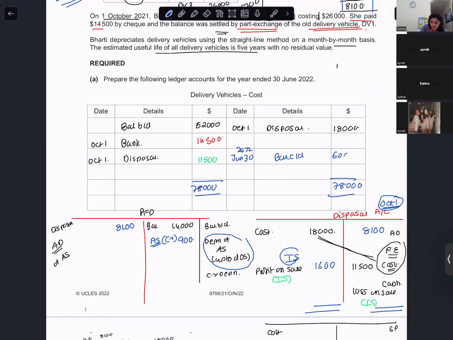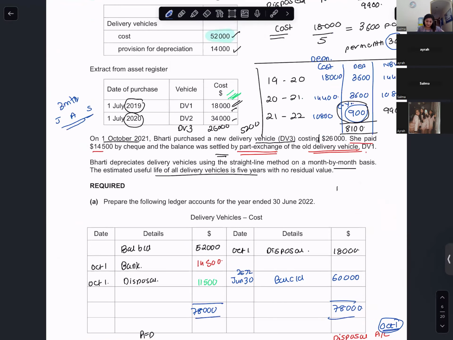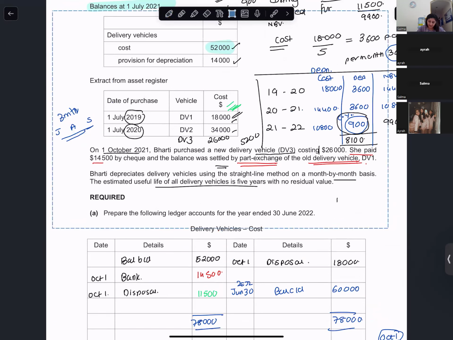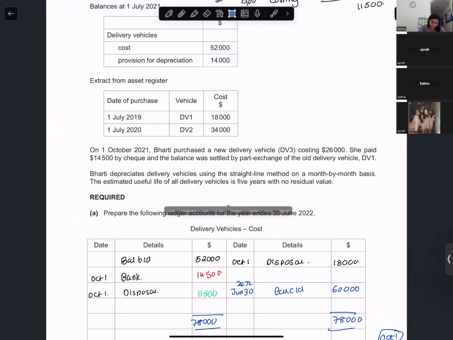Now it's month by month basis, so I need to be very careful. I want to charge depreciation for 21-22. DB1 has already gone away. DB2 is 34,000, and then we have DB3.